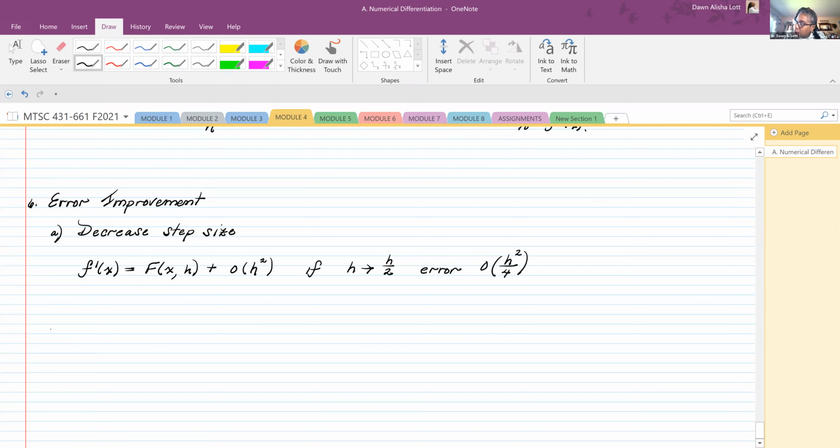B, you can use a higher order formula that employs more points.